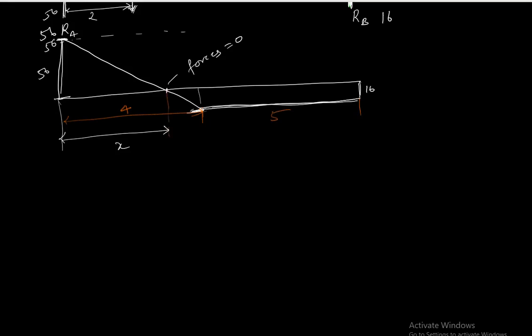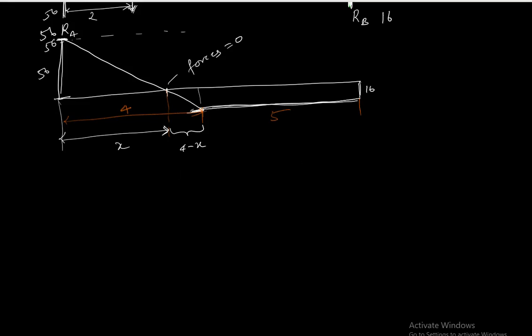So somewhere, so this is x. Obviously this distance would be what, 4 minus x, right? And this x, you can choose this x in any way. You can choose this x from here too, doesn't matter. Okay, so it always works out the same way.